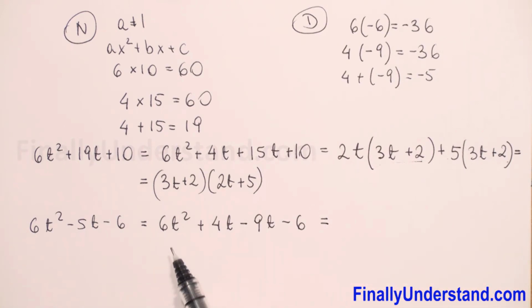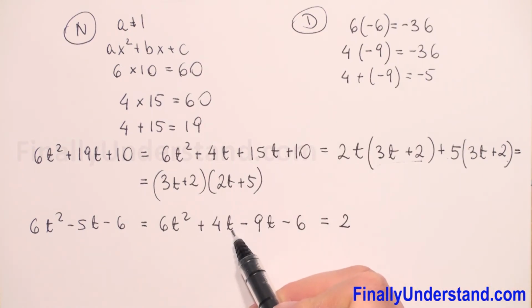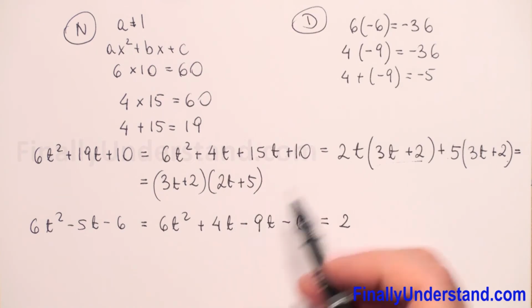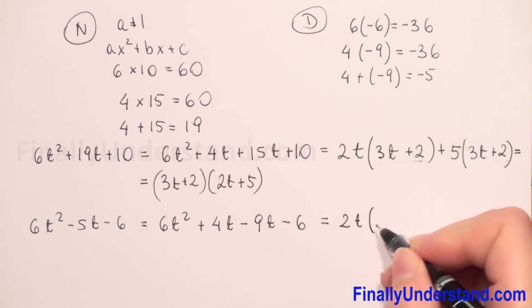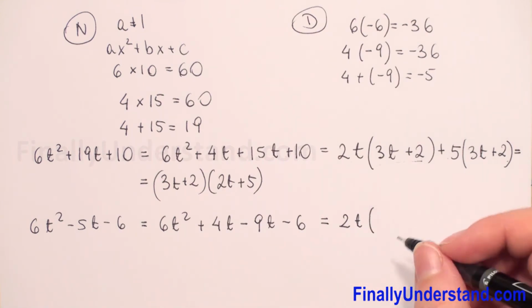Now we can factorize from the first two expressions. The greatest common factor for 6 and 4 is 2, and we have t squared and t, so we have to choose the lowest power, t. By what do we have to multiply 2t to get 6t squared?